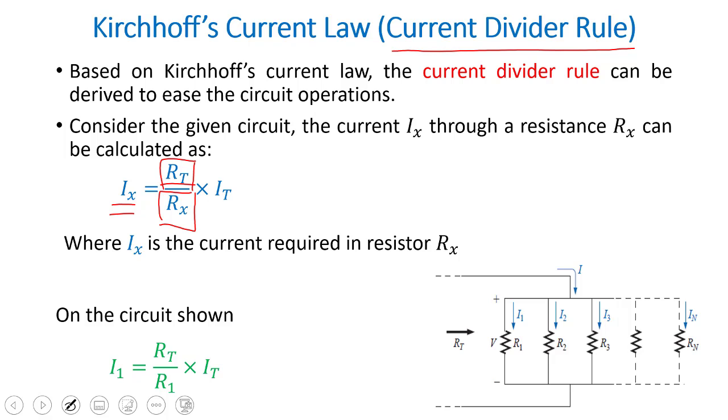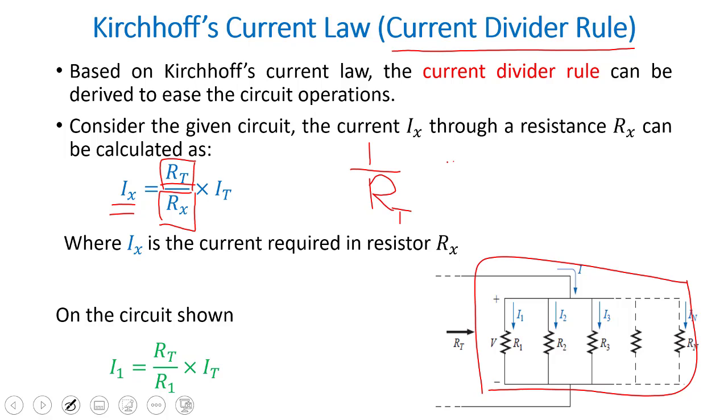Over here, these are parallel resistors. What is the equivalence for parallel resistors? It is 1 over R total equals 1 over R1 plus 1 over R2, and so on.